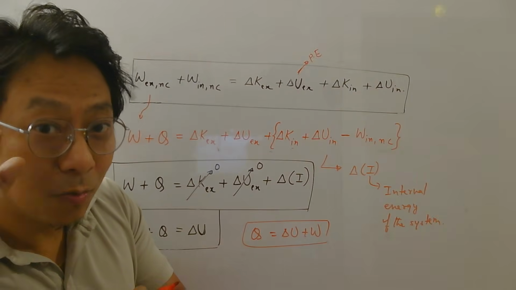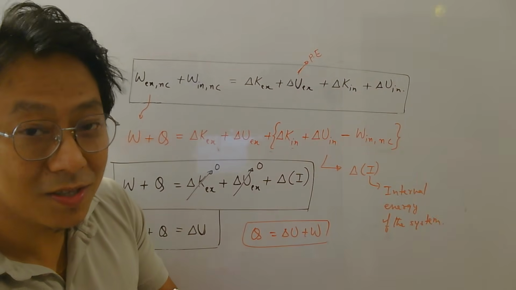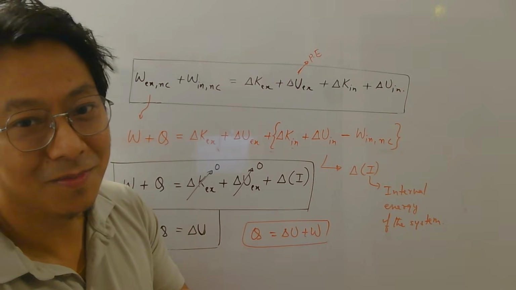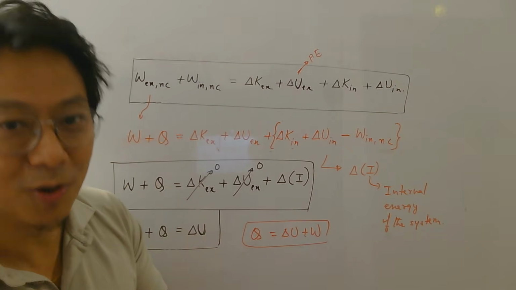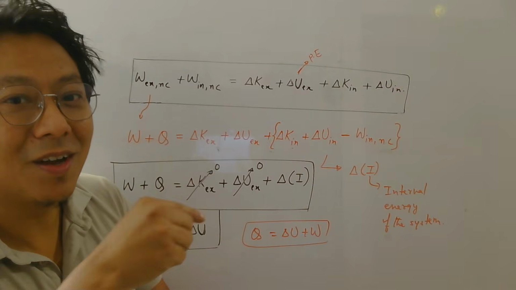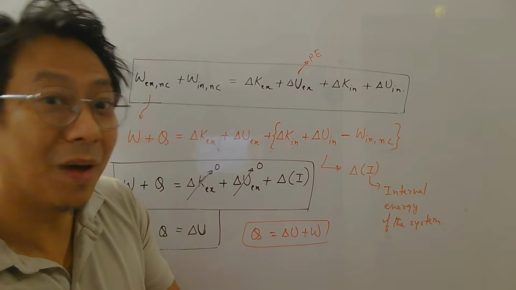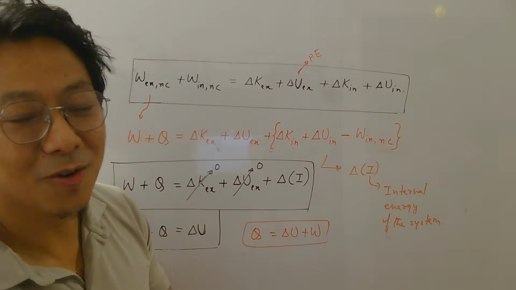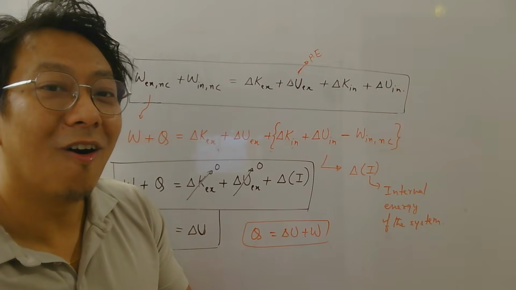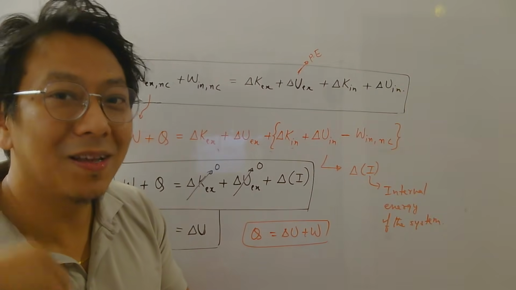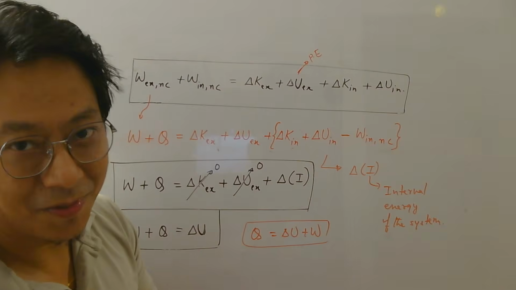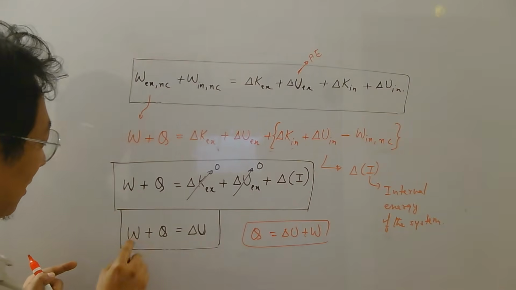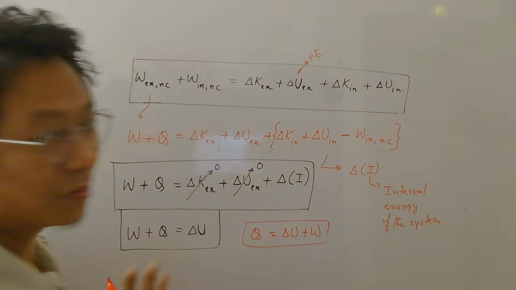And there in work energy theorem, what is the statement? We say work done by the forces on the system is W. So W means positive W, right? So there we write work done on the system by the forces as plus W. Whereas in physics thermodynamics, we write work done on the system by the forces as minus W. So when you jump to physics thermodynamics, you write minus W here, and then if you take it that side, it will become plus.